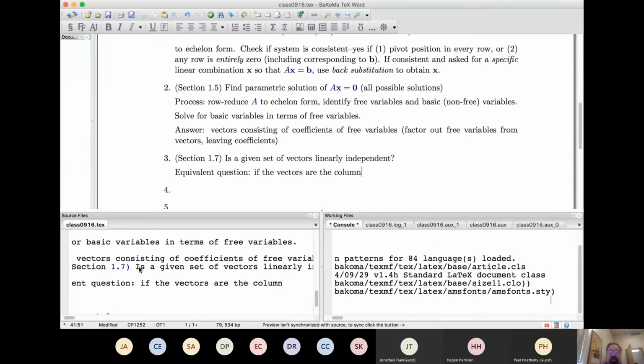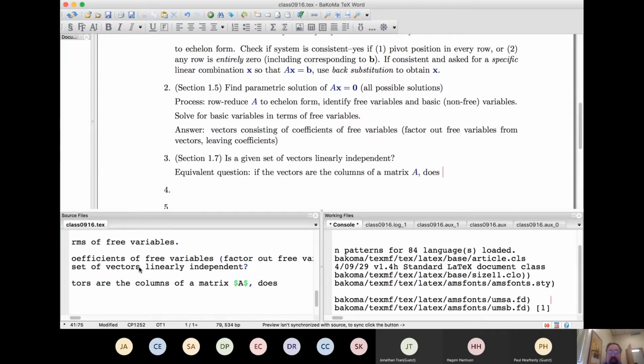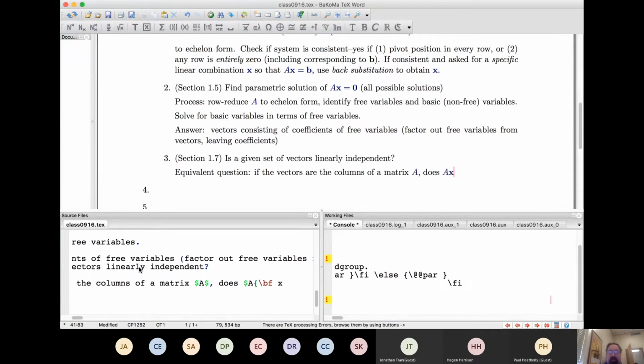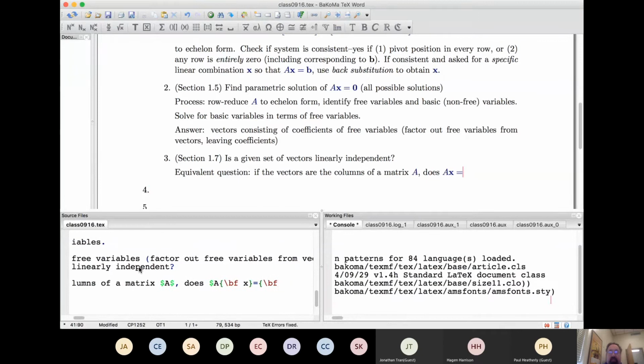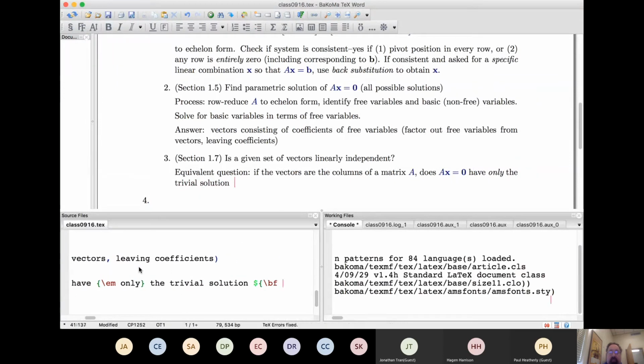So if the vectors that you're given in whatever form are the columns of a matrix A, does this system Ax equals 0 have only the trivial solution of x equals 0?